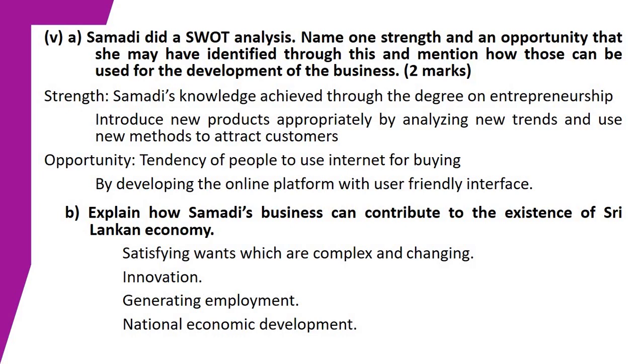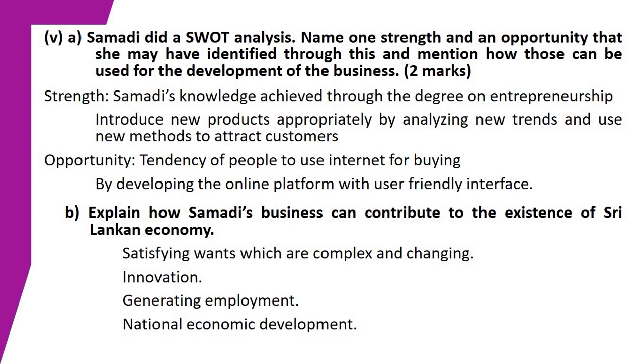And when you analyze the internal environment, you can identify strengths and weaknesses. Strength means the favorable factors inside the business. Weaknesses means the unfavorable factors inside the business. And when you analyze the external environment, that is the task environment and the macro environment. Examples for the factors in the task environment may be customers, suppliers.